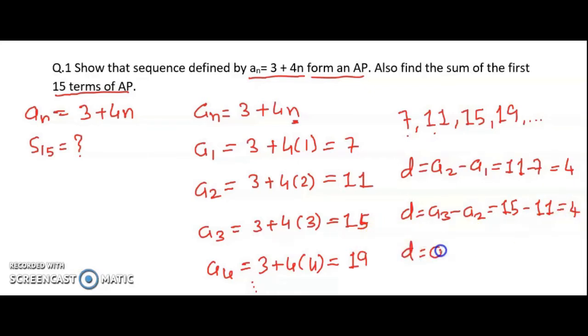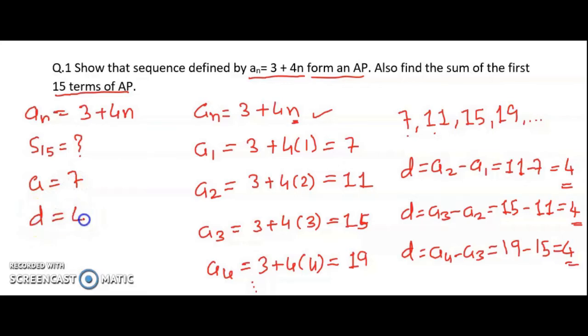Similarly, you can find the difference between the fourth term and third term, and that also remains the same. So the common difference between consecutive numbers remains the same. So we can say that an equal to 3 plus 4n forms an arithmetic progression. And in this arithmetic progression, the first term a is 7 and the common difference is 4.